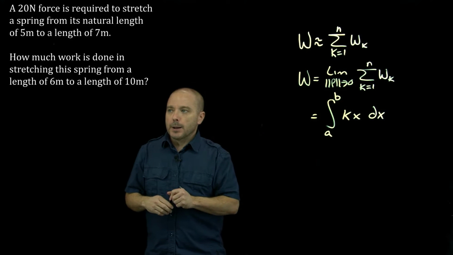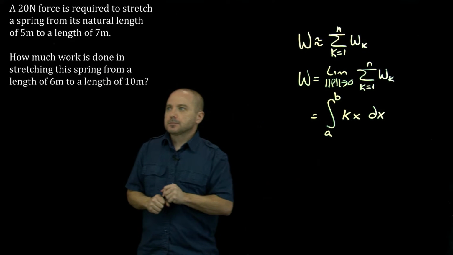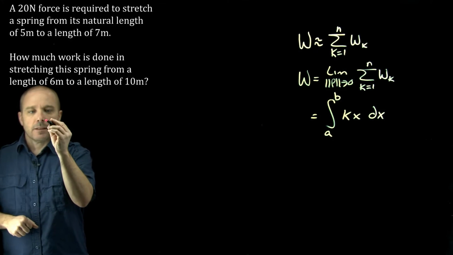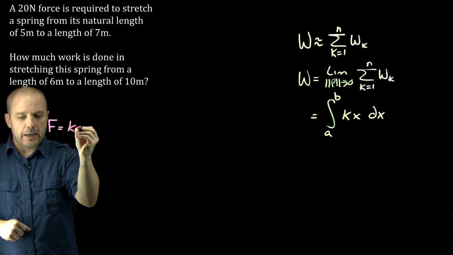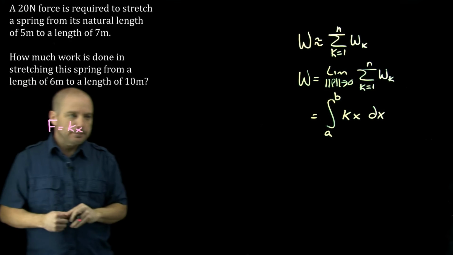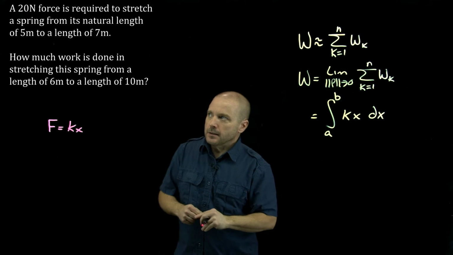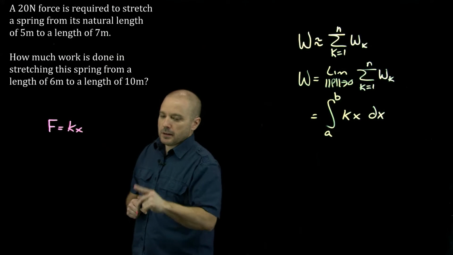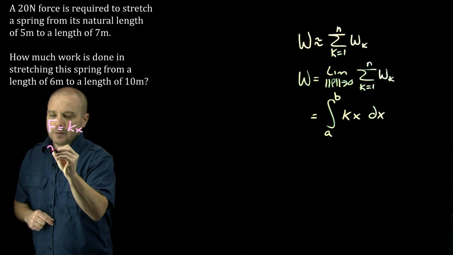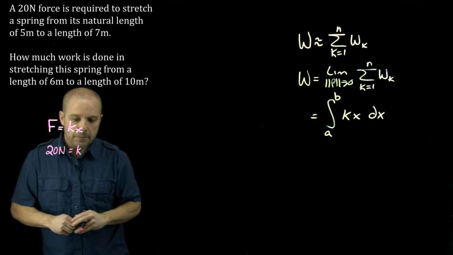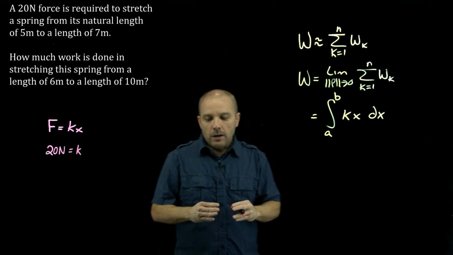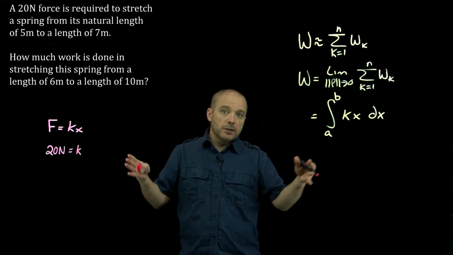So from that first bit, we know that from Hooke's law, force is K times X, right? And we're told that for this particular spring, 20 newtons will stretch that spring from its natural length of 5 meters to a length of 7.